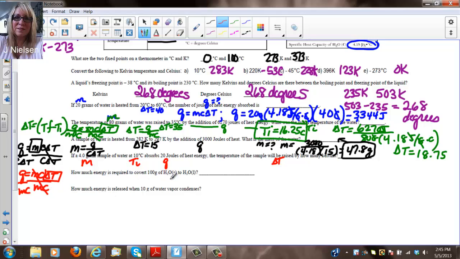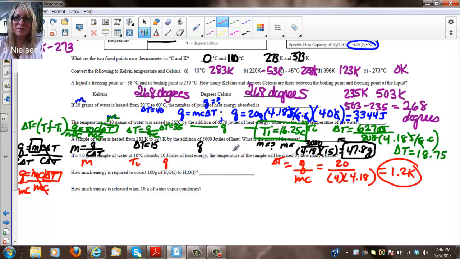So I get delta T is equal to Q divided by MC. And we said our Q was 20, and our M is 4, and our C is 4.18. So 20 divided by 4 times 4.18, and my delta T is equal to 1.2, and that's Kelvin. And it would be Celsius or Kelvin, it doesn't matter because 1 degree is 1 degree on both scales.